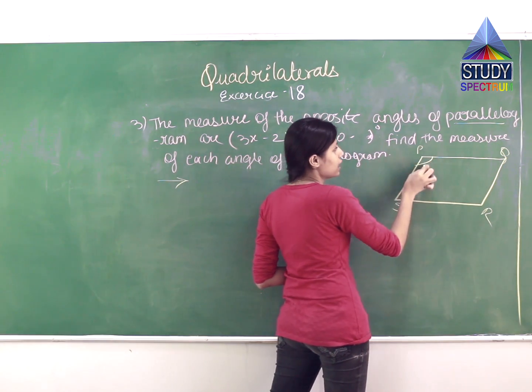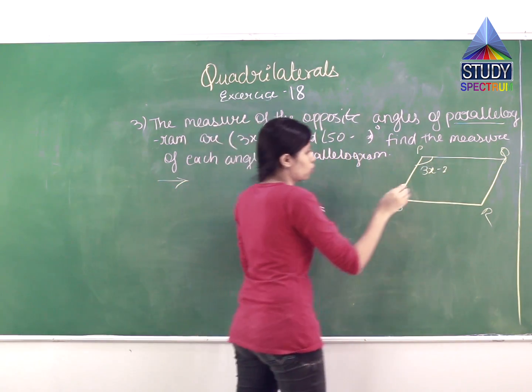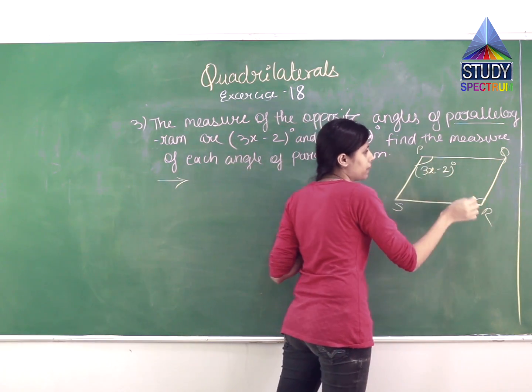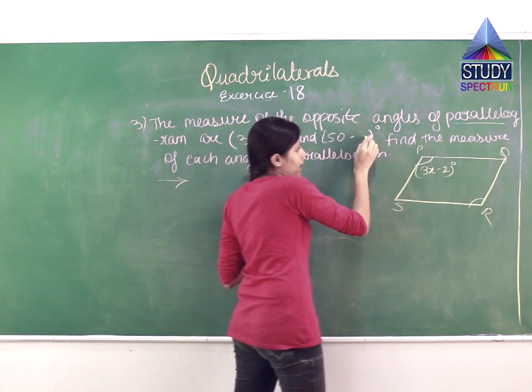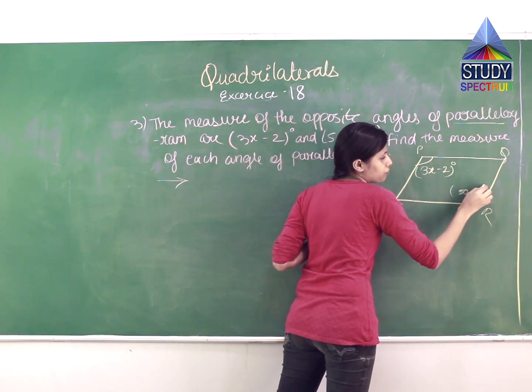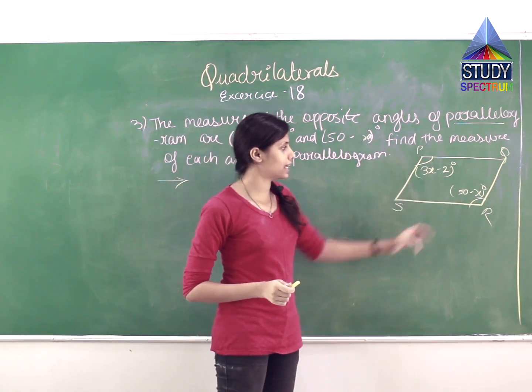If this angle is 3x minus 2 degree, then this angle which is opposite to P is how much? 50 minus x. So it is 50 minus x degree. We all know the property of parallelogram. Opposite angles are equal.